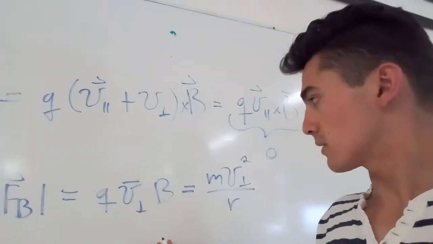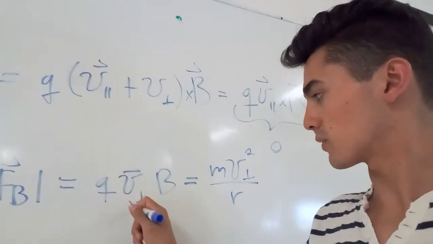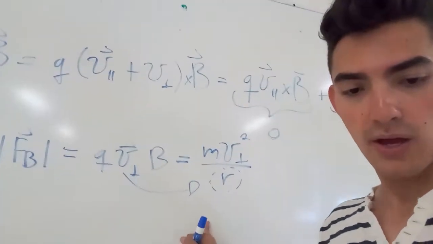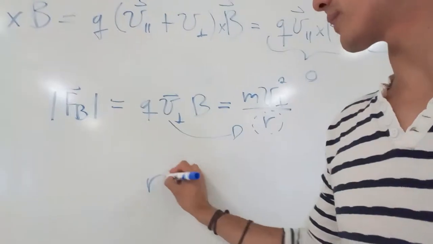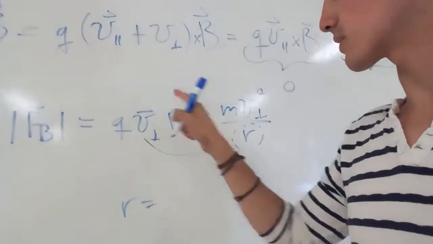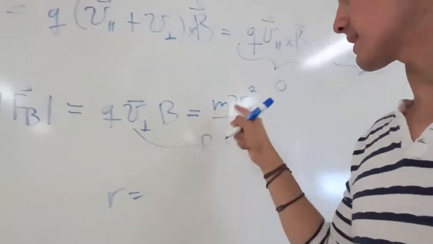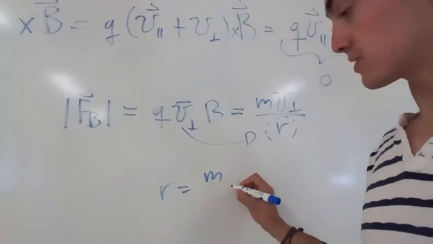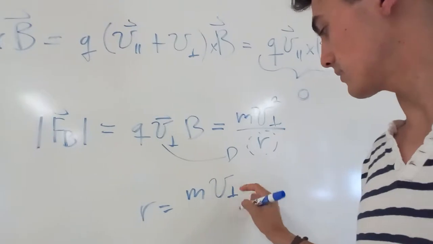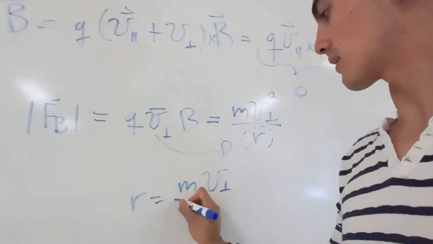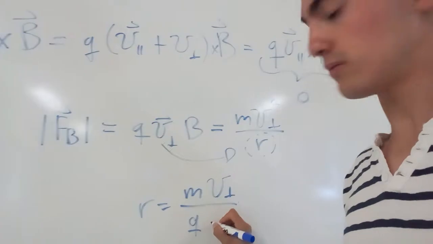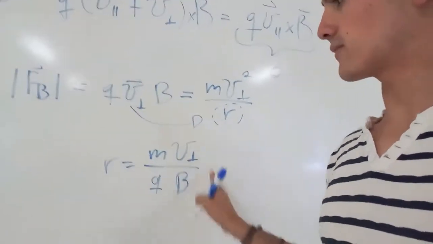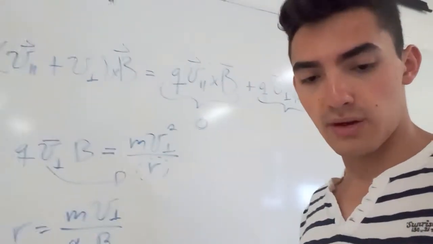Since we want to calculate the radius, this part goes here, one of the velocities cancels with another velocity, and we are left with the mass times the velocity, and the charge and the magnetic field go down. Okay, so this is the formula for the radius.